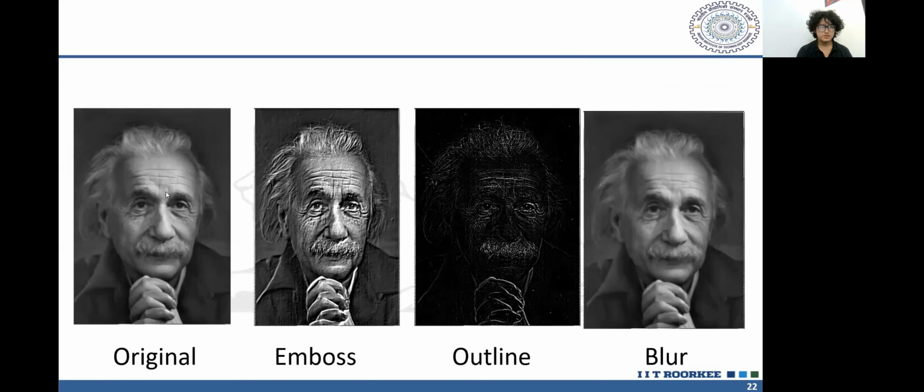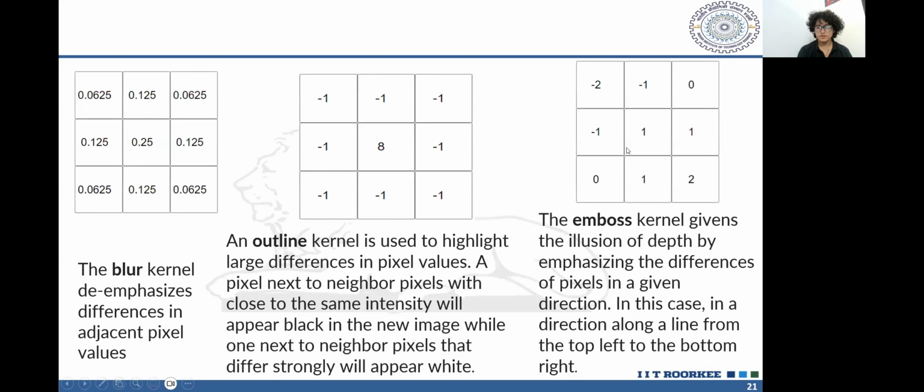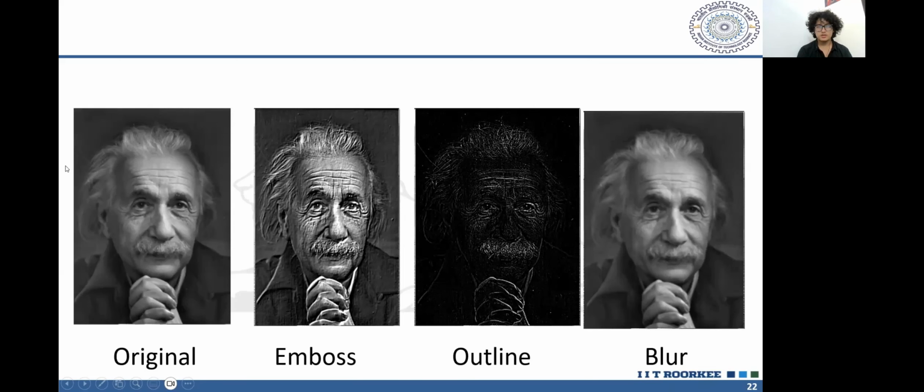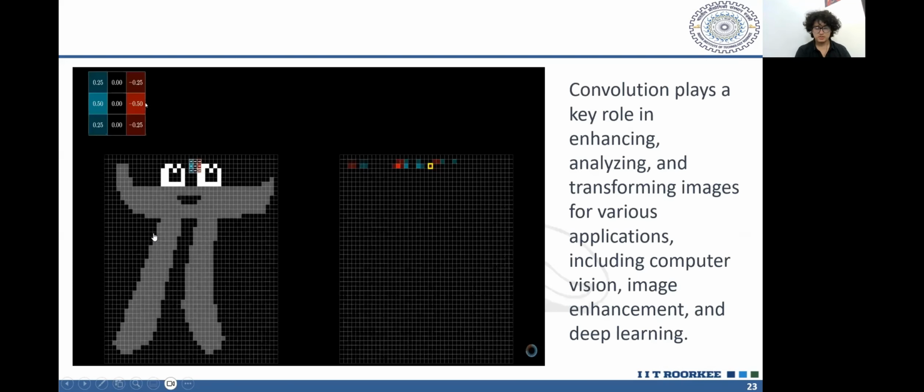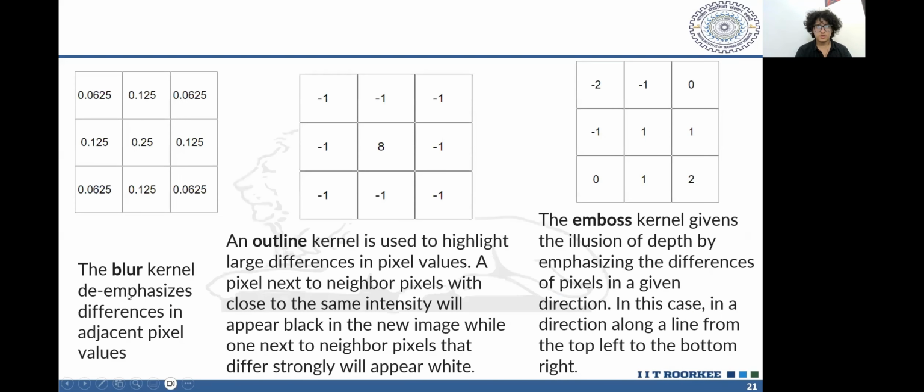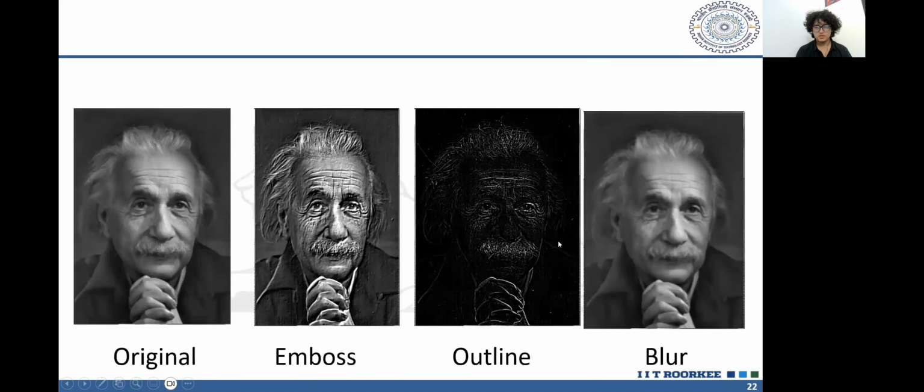In this image, you can see the original image, and I have applied the following kernels to this image. For example, I applied the emboss kernel that was represented by this, and convolving this kernel through this image gives the depth information about the image, and convolving through the outline kernel gives the outline of the image, and this is the blur filter.